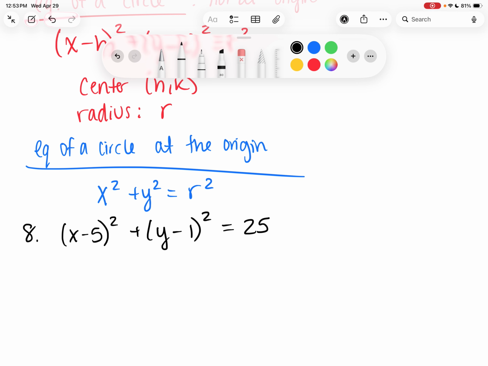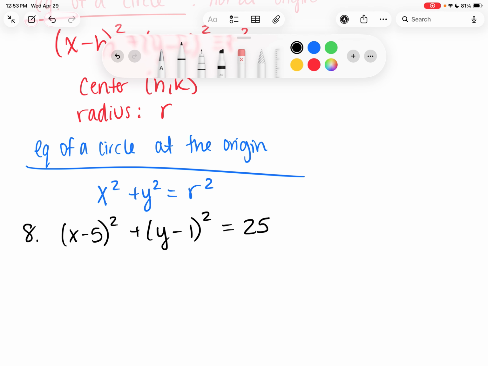There's a couple ways to think about this, but the first thing I need to do is simply say x squared plus y squared equals r squared. This term has other stuff in here that tells me it's not centered at the origin. So this number is not written as a number squared, so I have to remember that this is actually the r squared value that I see.